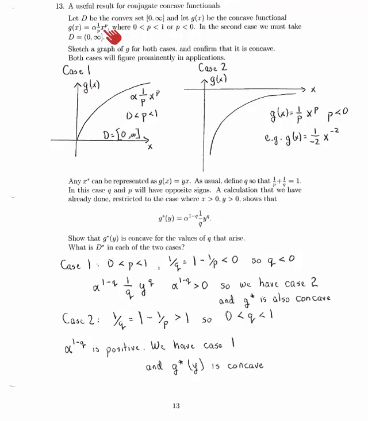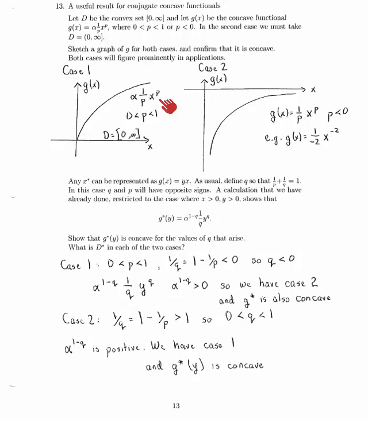I'm interested, as usual, in functions that are powers of a positive number x. In the case where the exponent p is greater than or equal to 1, we have a convex functional. But in the case where p is less than 1, we have a concave functional.